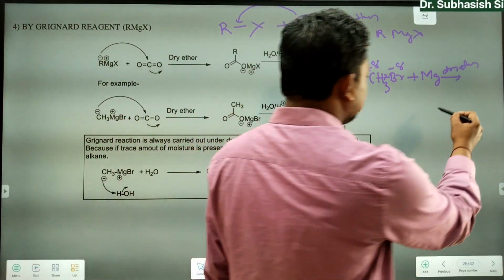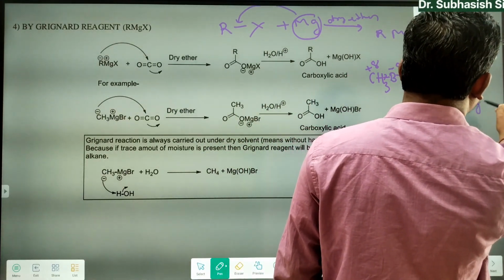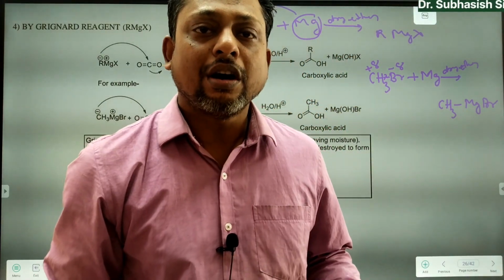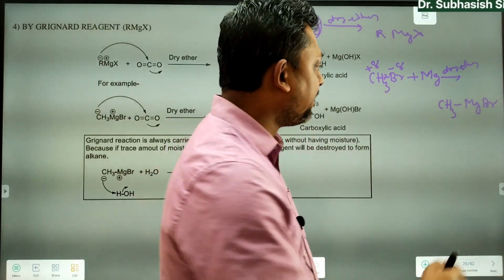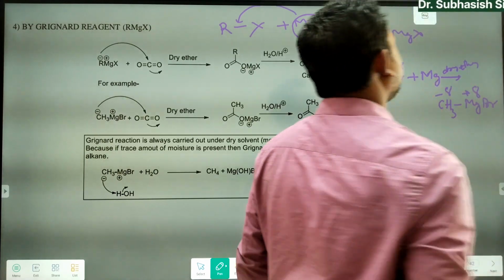But whenever this CH3 binds to metal, there will be a competition between metal and carbon, and metal is always electropositive, so metal will win and metal becomes positive, carbon becomes partial negative.